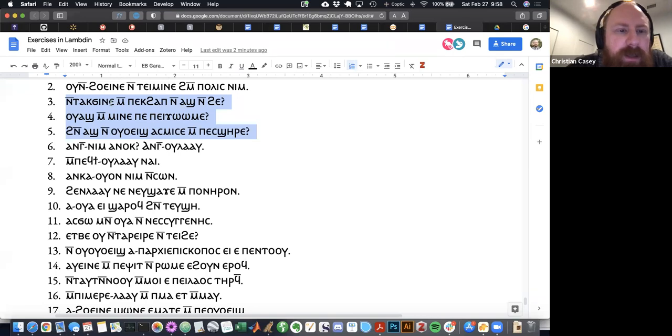In this case, I think it's like, you found this law. How did you find this law? In what manner did you find this law? That is literally the translation of it.